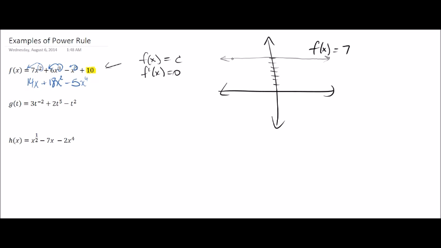Remember, the derivative is defined as the slope, and the slope at any point on this line is precisely 0, no matter how high or how low the line is. So then this term actually ends up being irrelevant.